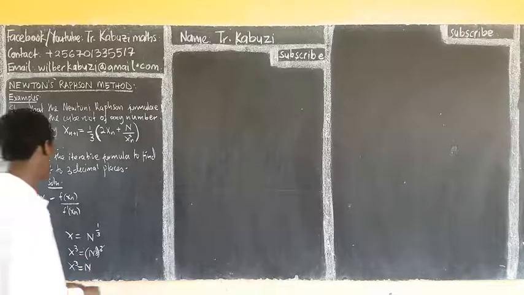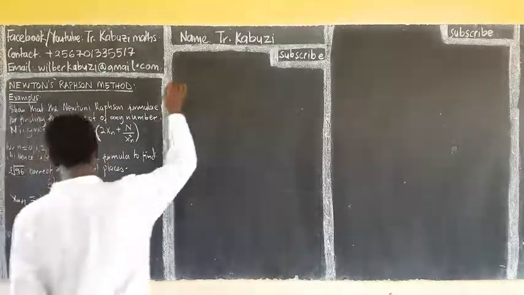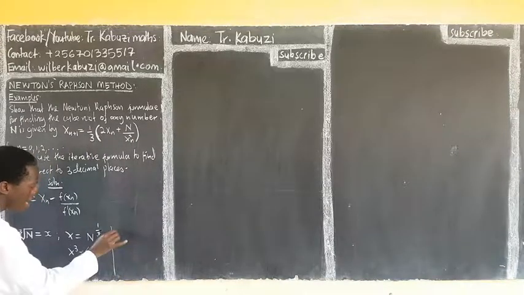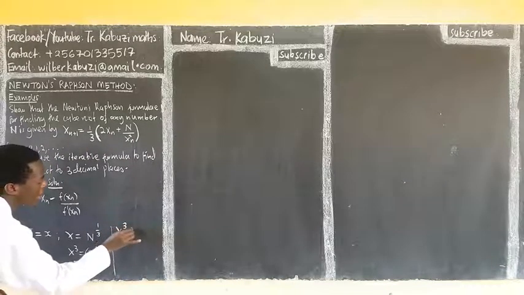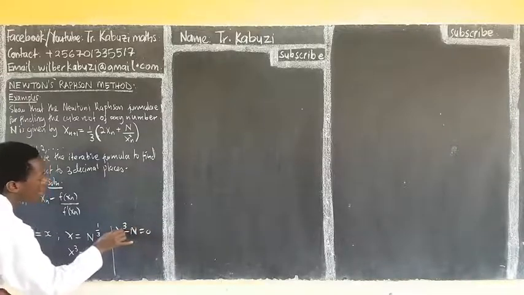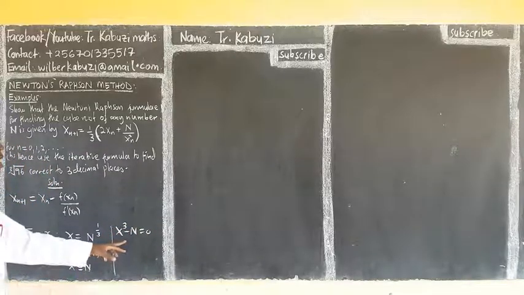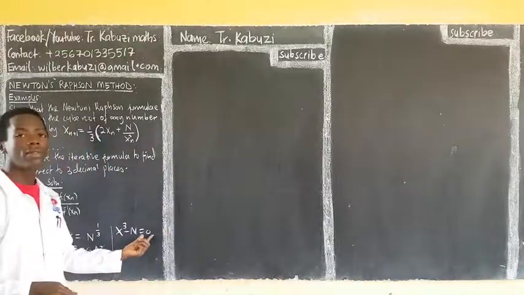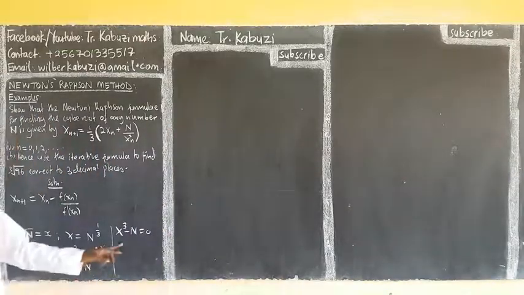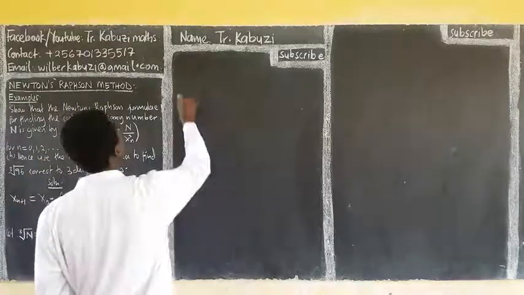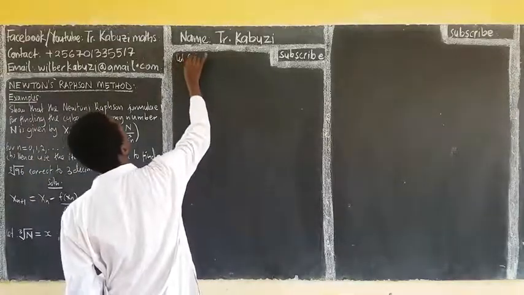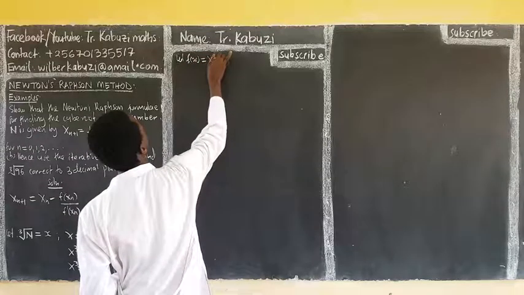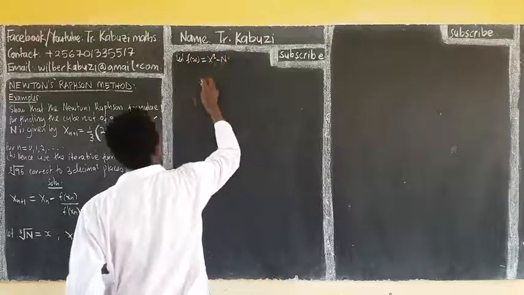So we need to form an equation out there. From here, my x cubed minus n is equal to 0. If I let this be a function, remember we said the function should be equal to 0. That's why I take n to the other side, so that I create this. So I say my f of x be x cubed minus n.